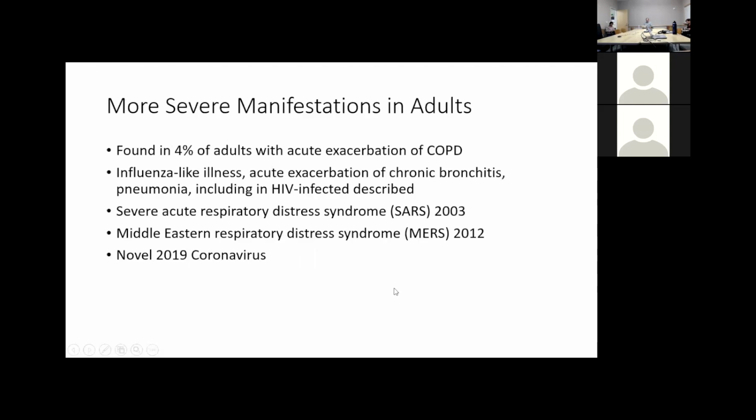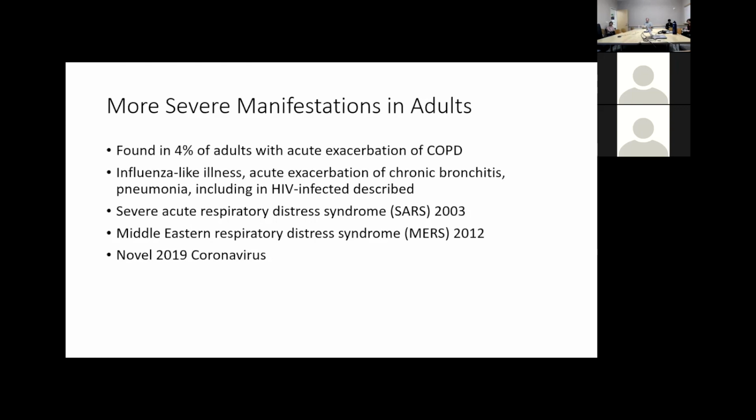The more severe manifestations occur in adults, in patients with acute exacerbations of COPD. It can cause influenza-like illnesses, acute exacerbations of bronchitis, pneumonia, and I think most people remember SARS, or the severe acute respiratory distress syndrome that circulated in 2003, which caused very severe acute respiratory pneumonia, ARDS.